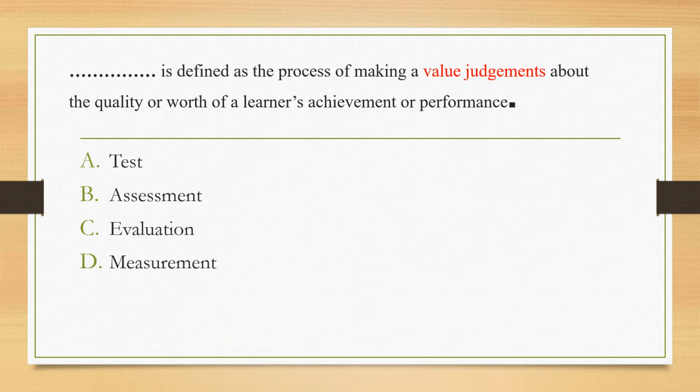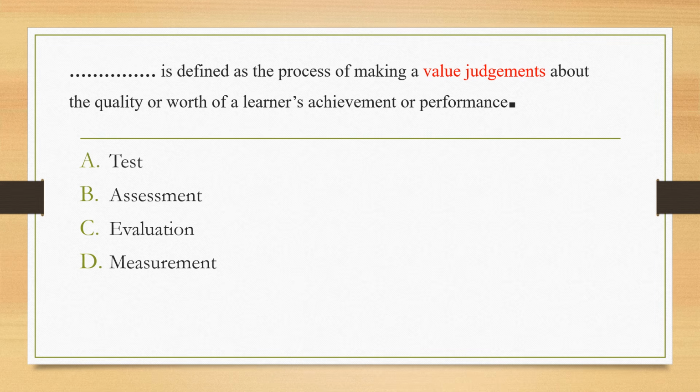Dash is defined as the process of making a valid judgment about the quality or worth of a learner's achievement or performance. In our previous lesson, we also learned that as soon as you are passing judgment on the learner's performance, we are talking about evaluation.